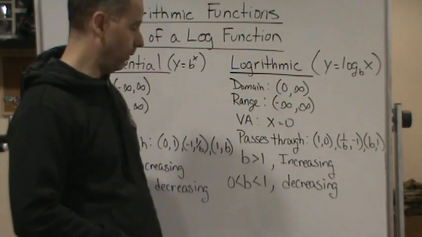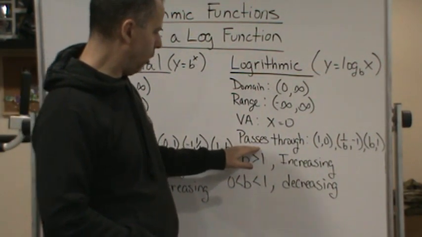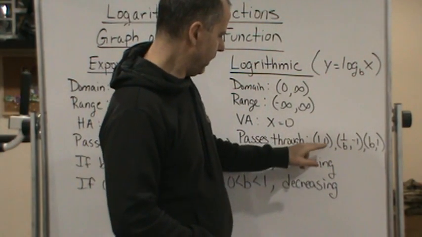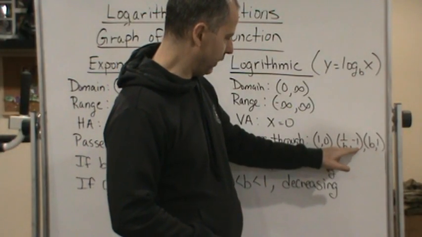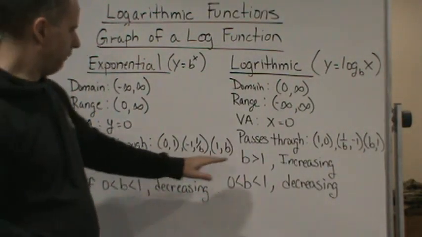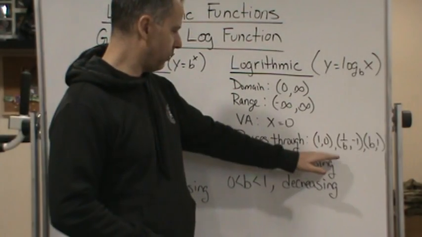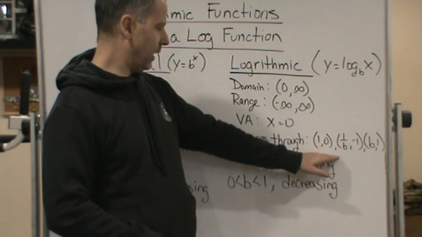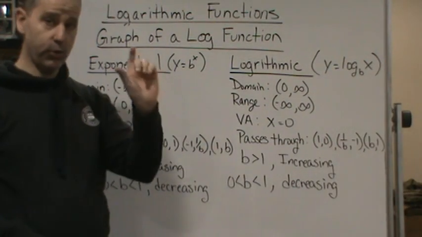So x equals 0. The logarithmic function will always pass through these 3 points: (1, 0), (1/b, -1), and (b, 1). Notice that the 3 points for exponential compared to the 3 points that the logarithmic function passes through, the orders are switched.